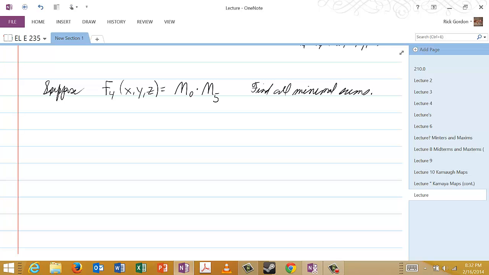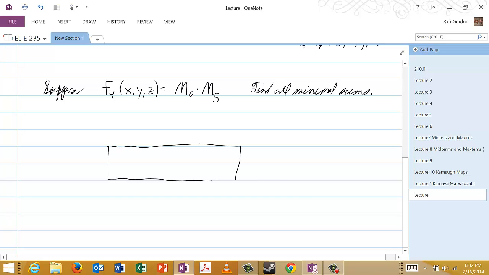First of all, as usual, we note the number of independent variables, which is 3, and so the number of cells in the Karnaugh map will be 2 to the third power, or 8. So we're going to have a Karnaugh map that will look like the following.